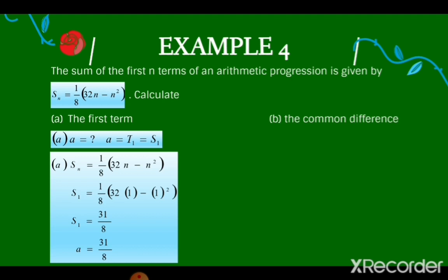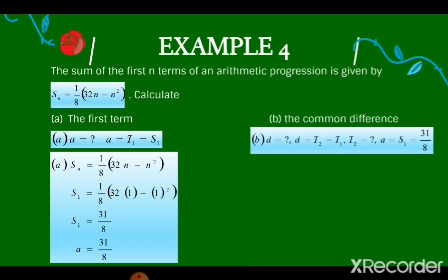And then we need to find the common difference. So the difference, d, is what? d is actually T2 minus T1. However, we don't know any value for the terms except the first term that we calculated before, which is 31 over 8. So, you are given the sum of the first n terms formula, which is 1 over 8 times (32n minus n squared).